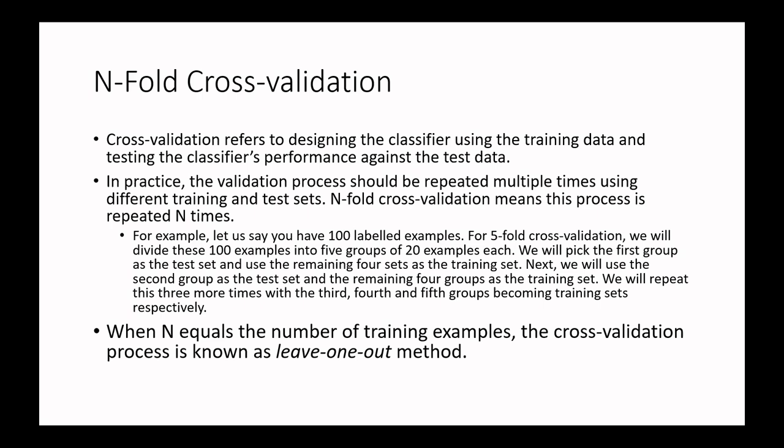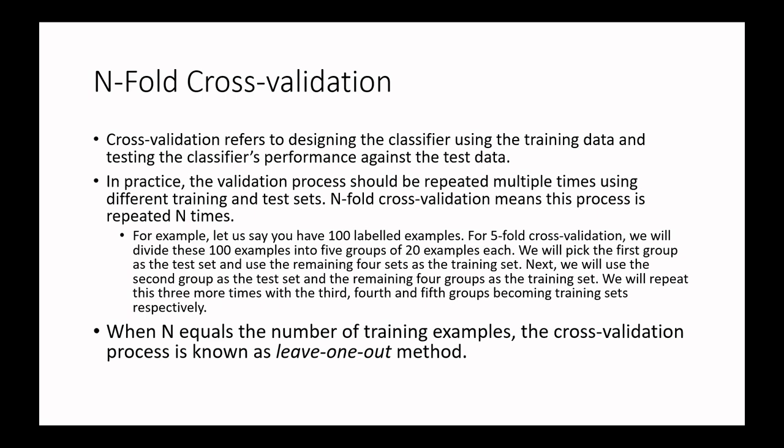So this is what we call n-fold cross-validation. In certain situations, you may not have that many examples to do the model building. Suppose you have only 50 examples. In that case, it doesn't make sense to divide those 50 examples into 10 groups.